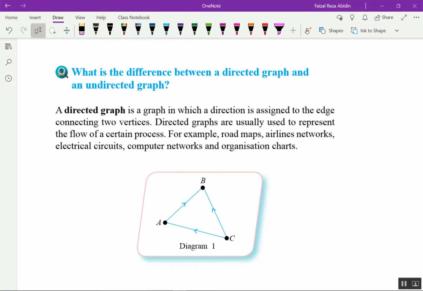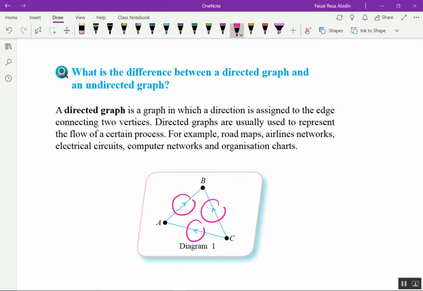A directed graph is a graph in which a direction is assigned to the edge connecting two vertices. If you look here, there is a direction given between two vertices.